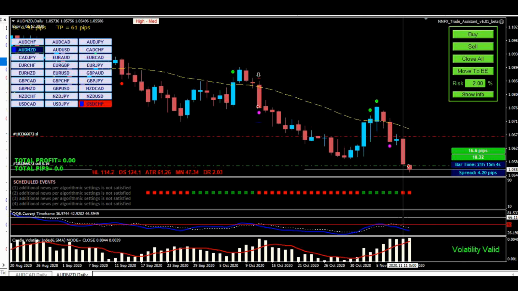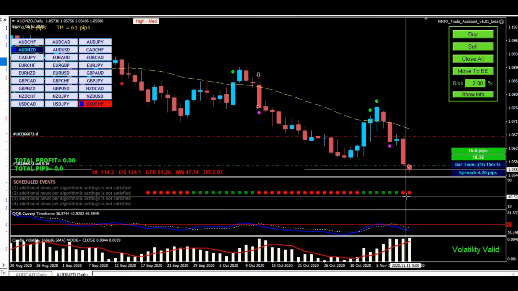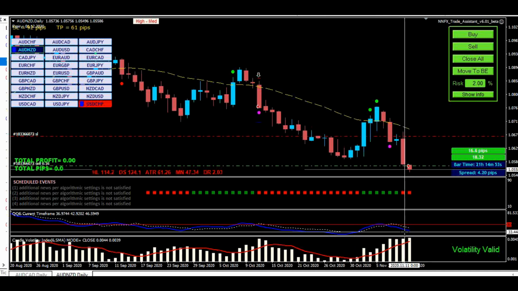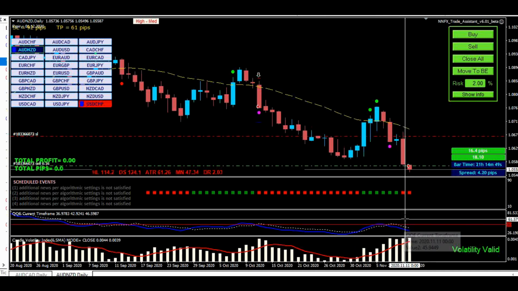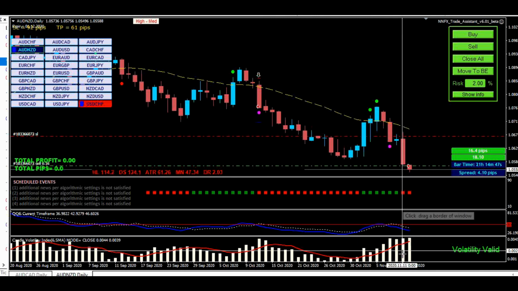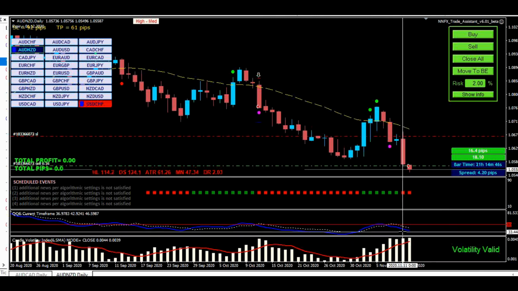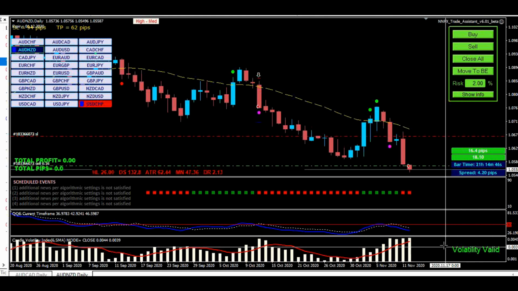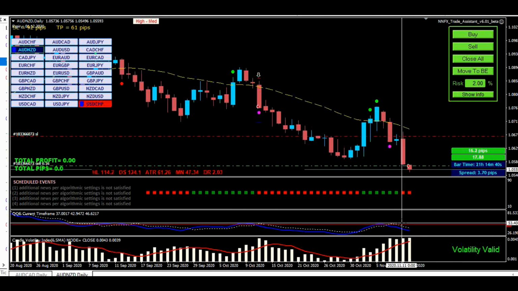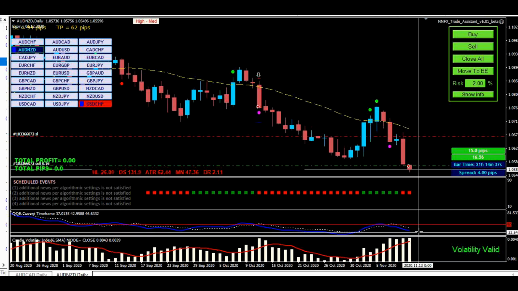You can see that right here we have a change in our SSL, which is a C1 signal, and our QQE, which is the blue line here, is below the 50, which is a downtrend, and here our candle validity is showing valid. So I took a trade there, and that was just a little bit earlier today.